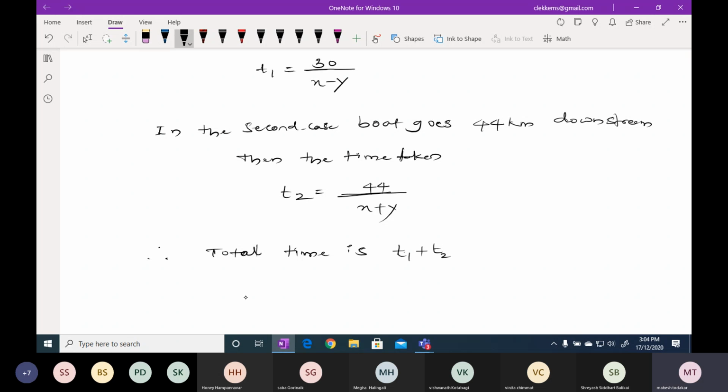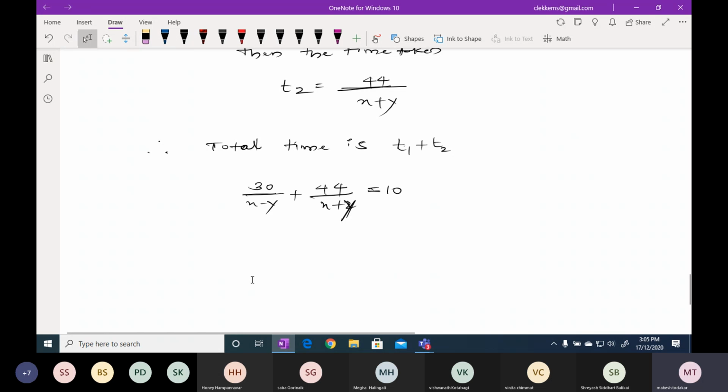So t1 plus t2 is 30 divided by x minus y plus 44 by x plus y, is equal to the total hours, 10 hours. Okay, 10 hours, isn't it? Once you write this much, this is equation number 1.